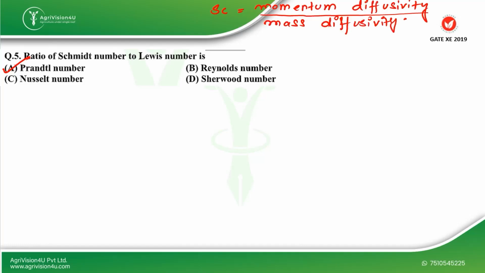It measures the relative importance of momentum transfer to mass transfer in a fluid. Next, Lewis number. Lewis number basically represents the ratio of thermal diffusivity to mass diffusivity.